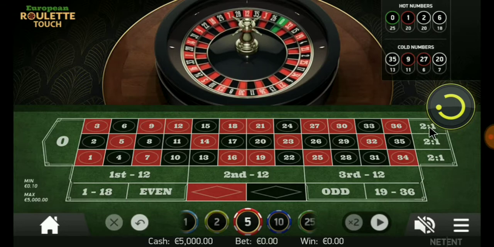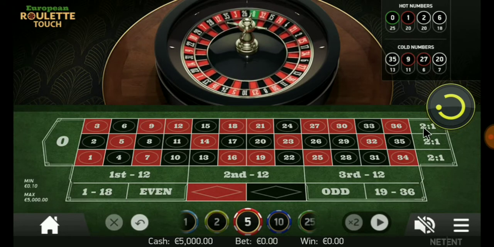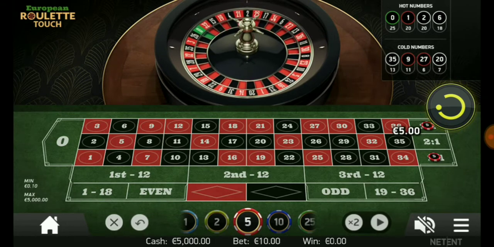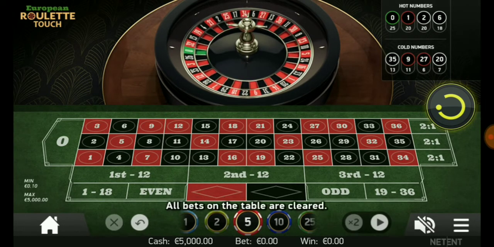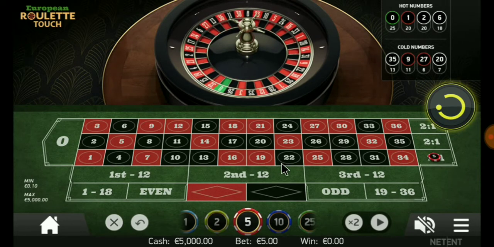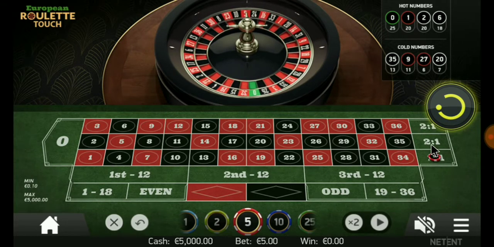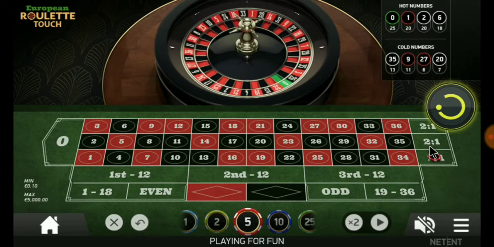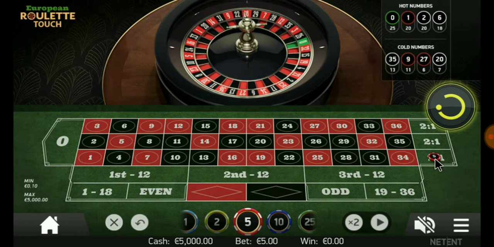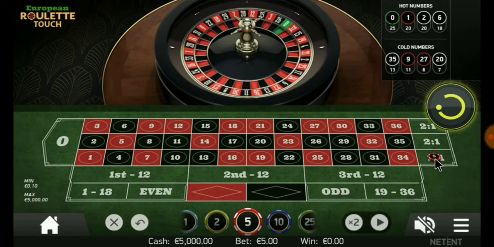So the payouts, if you place a 5 euro chip over here, or let's say here, and your ball lands on any of the numbers in that line, you get the payout of 2 to 1. That means you get your 5 euros as well as another 10 euros.